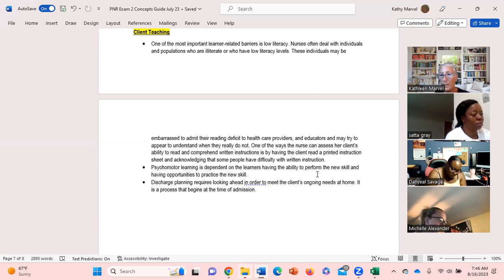Okay, but 3 ways of learning: cognitive, thinking; affective, feeling; psychomotor, doing. Okay. And then when do we start discharge planning? On admission, right? Because we're always planning for the discharge and what they might need. Okay.